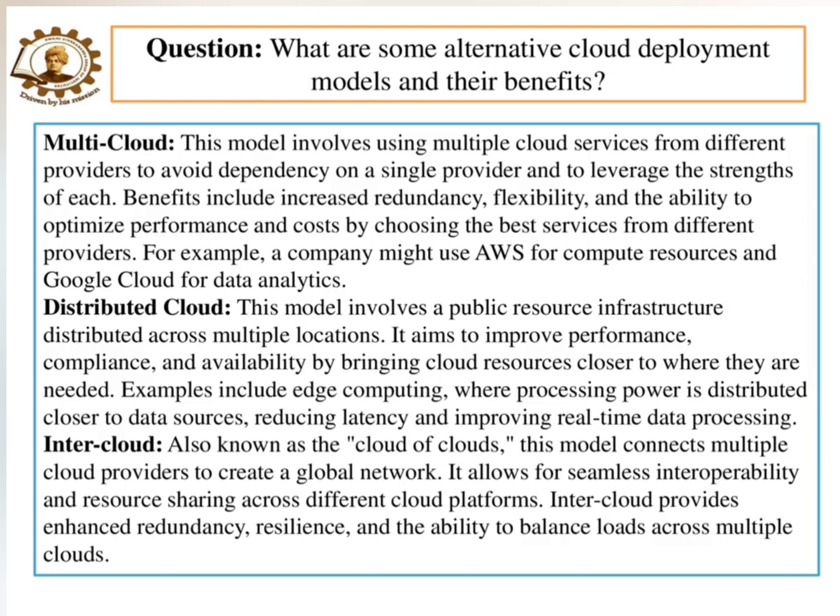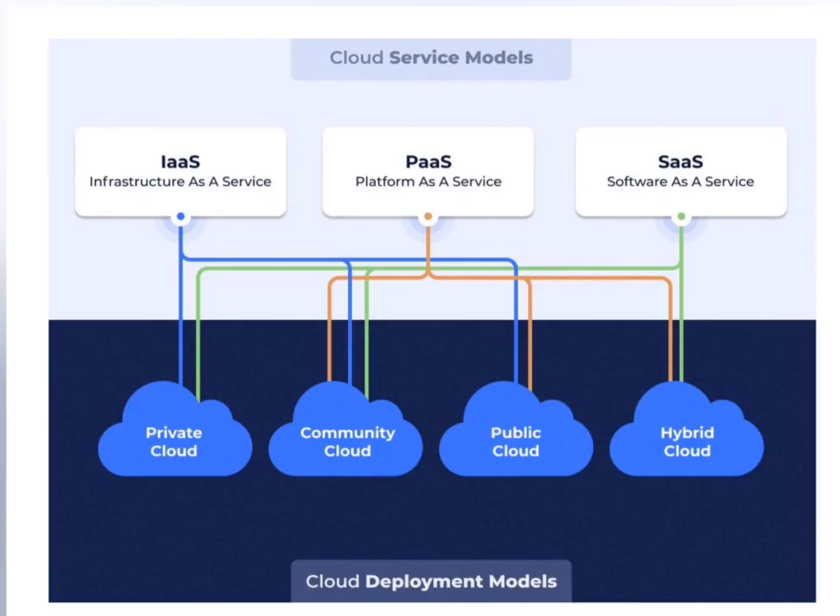Now, what is the right choice for a cloud deployment model? Number 1, cost. Cost is an important factor for the cloud deployment model as it tells how much you want to pay for these things. Number 2 is scalability. Scalability tells about the current activity status and how much we can scale it. Number 3, ease of use.